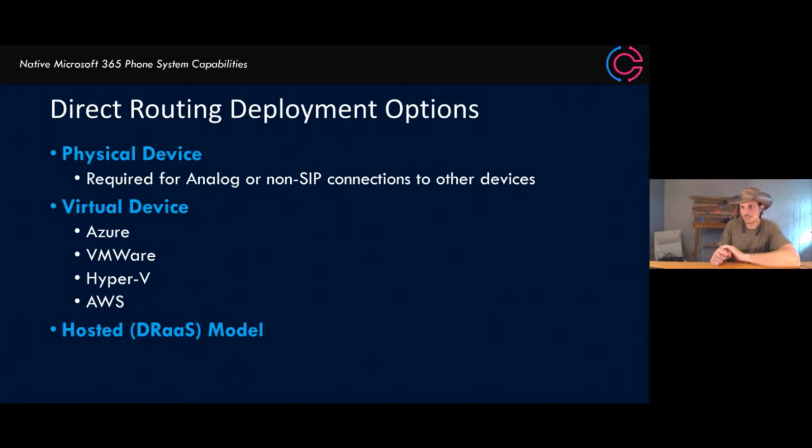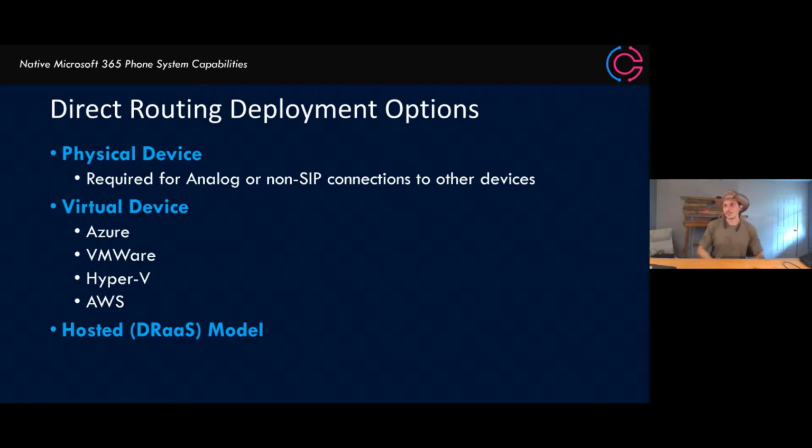So lots of options there. And taking virtual to the next step, a type of virtual, if you will, is the hosted model. There are lots of vendors out there that have made this possible, that are delivering direct routing capabilities to your organization, but they manage it all within their own environment so that you don't have to set it up, support it, input new routing rules, whatever the case may be.